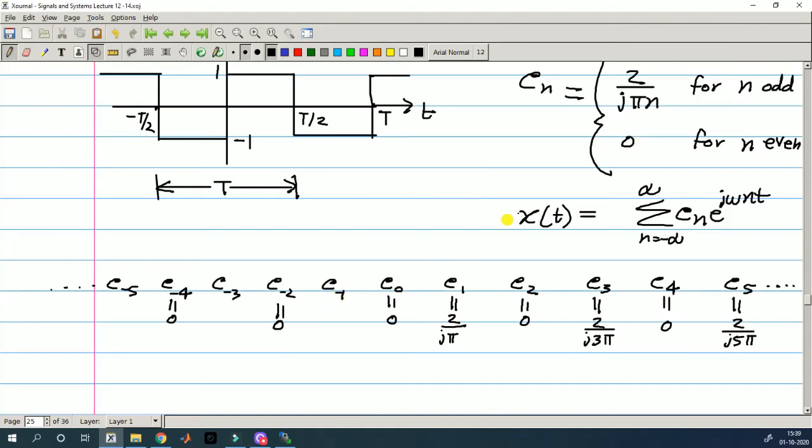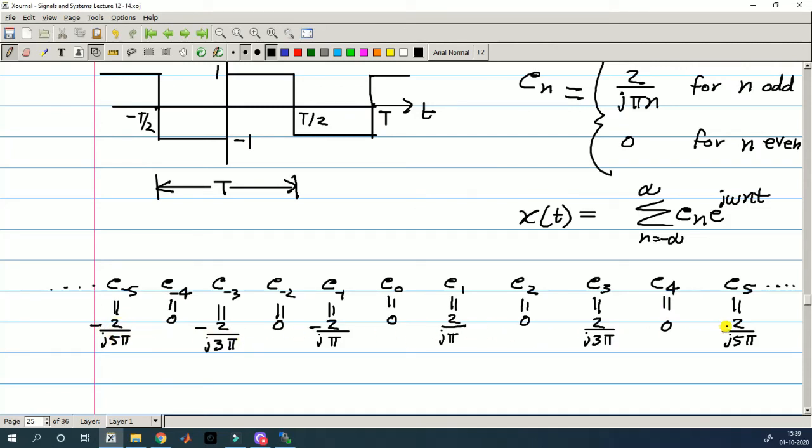Then C minus 1 is 2 by j minus pi, like this. C minus 3 is 2 by j minus 3 pi, like this, and C minus 5 is 2 by j 5 pi minus.